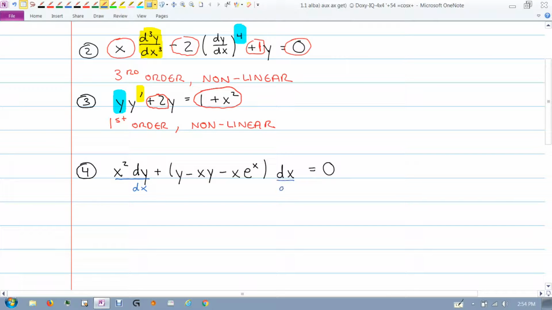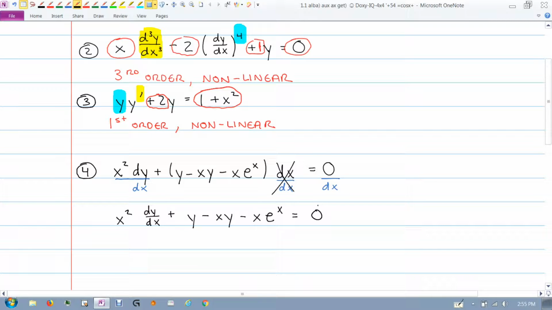So I'll just divide this by dx and divide this by dx. Then what we would have now is x squared dy dx plus, now this would go away, it's like a 1, and so you'd have y minus xy minus x e to the x, and then equals 0 divided by dx is still 0.